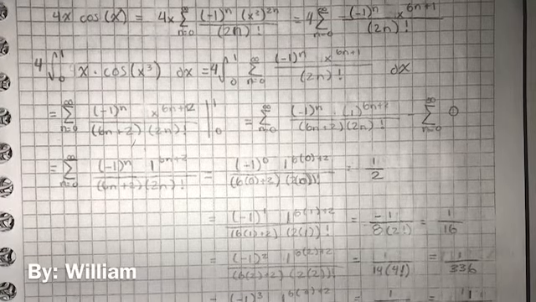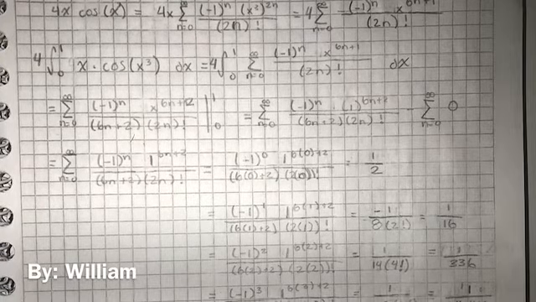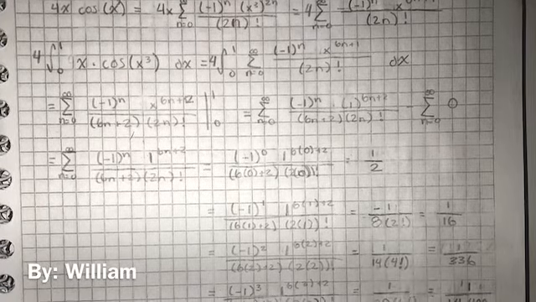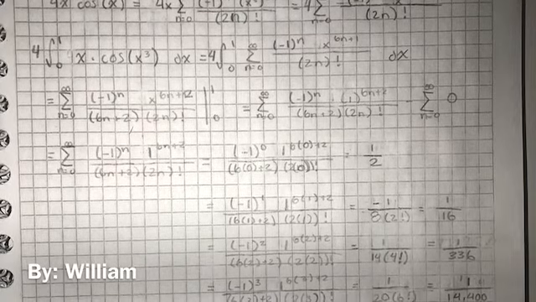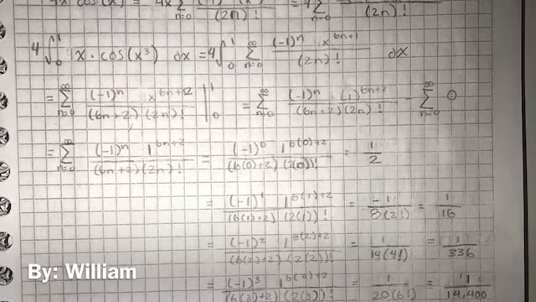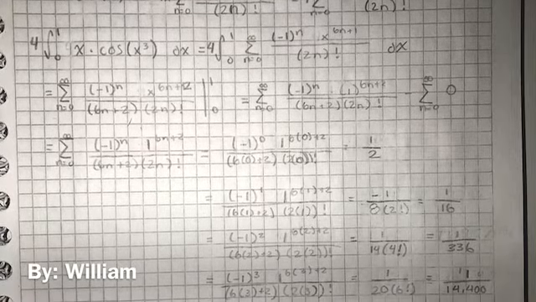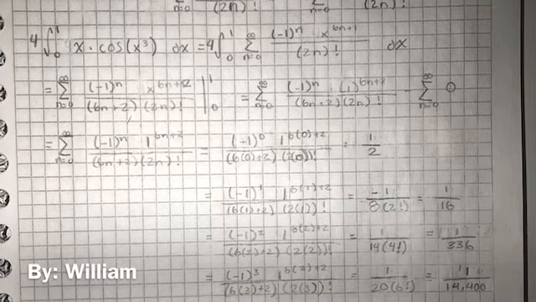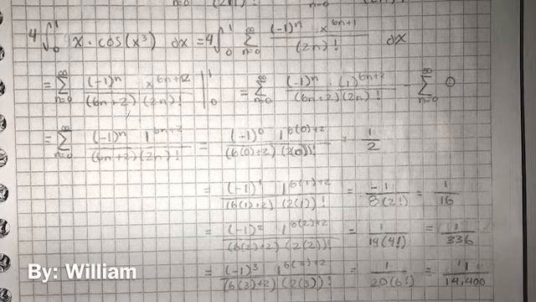That's equal to 4 times the integral from 0 to 1 of the sum from n equals 0 to infinity of minus 1 to the n times x to the 6n plus 1 over 2n factorial dx. After that, we can forget the 4 for now, but remember, we'll use it later.